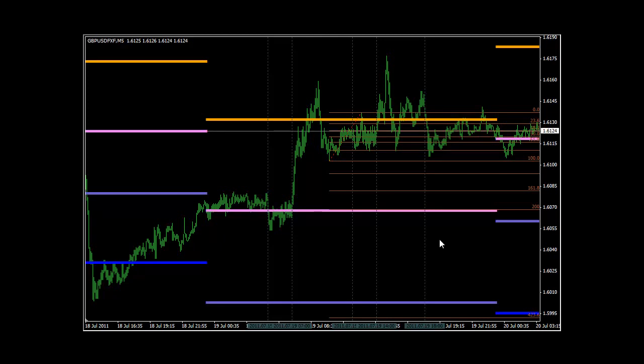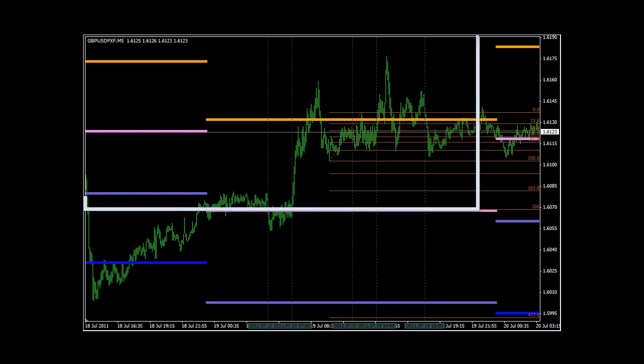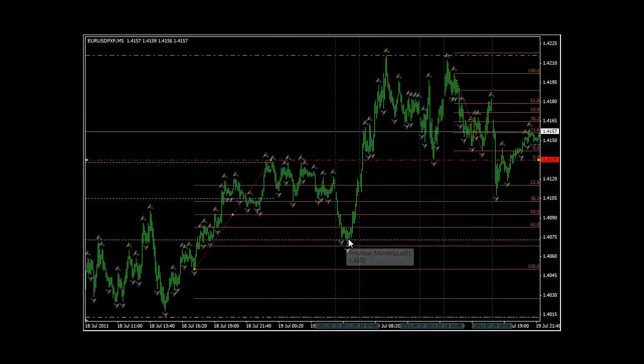Okay, so that was the moves from the cable and the fiber. Very big 100 pip plus move for me today on the cable, and I used the fiber trading down to its previous month low to key off of. This was going to be a really nice reaction level, or I anticipated it to be a nice reaction level.